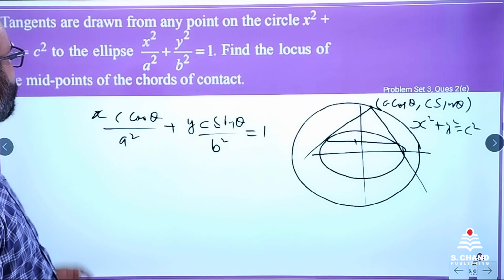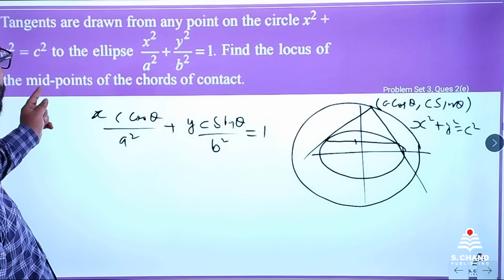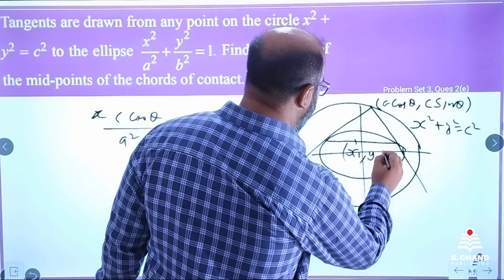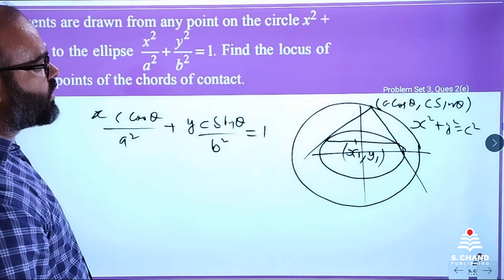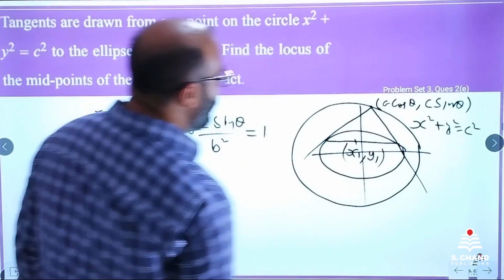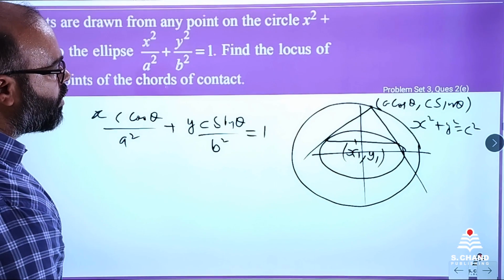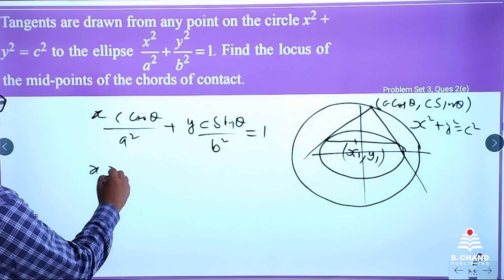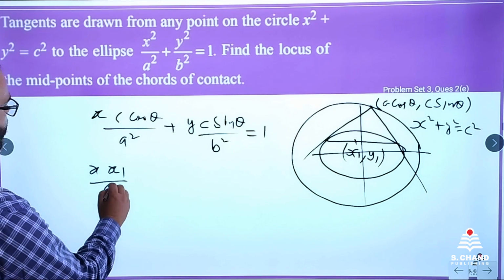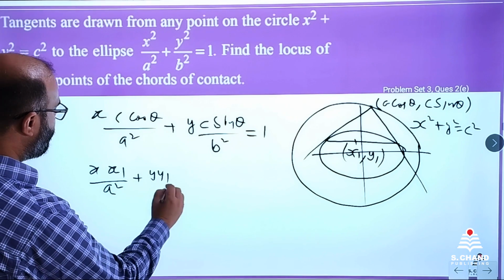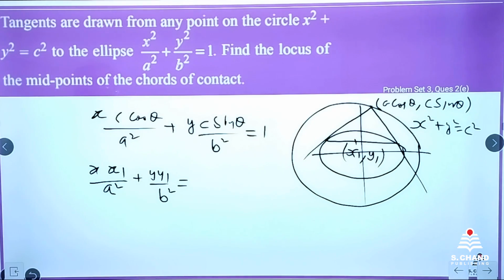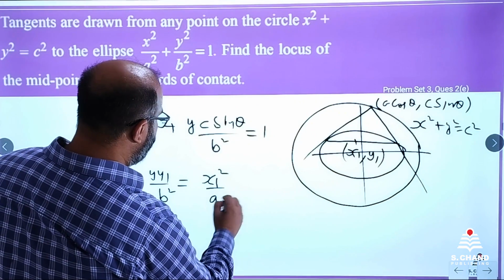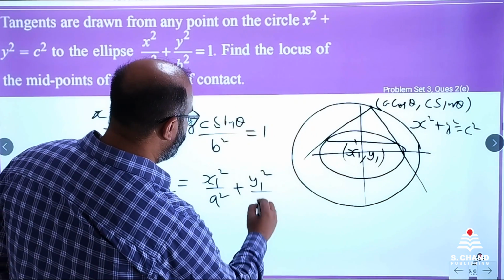Now if we talk about the chord equation with the midpoint, let us suppose the midpoint is x1 comma y1. So it is T is equal to S1. So T is equal to S1, if you do, this will become x1 by a square plus y1 by b square is equal to x1 square by a square plus y1 square by b square, like this.